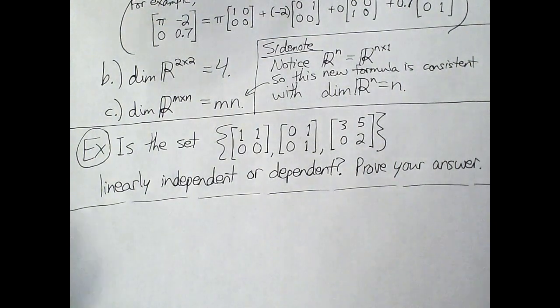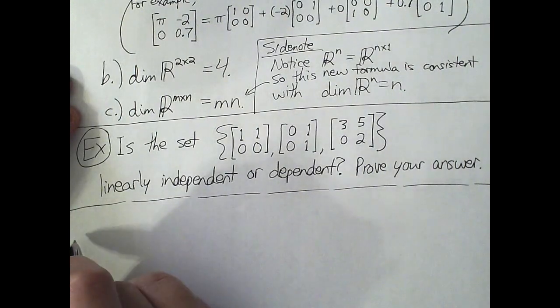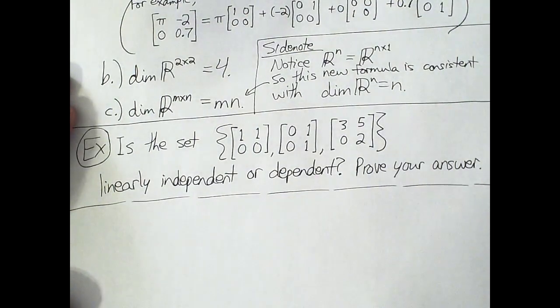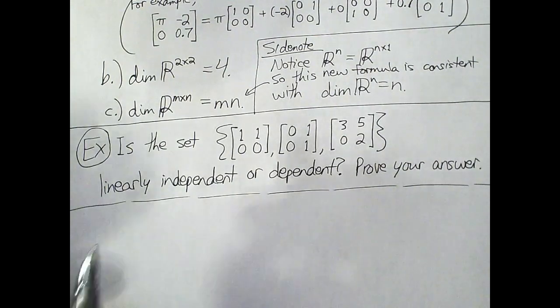All right, so what I was hoping you would notice is, first, how do we approach this problem? How do you usually approach questions of whether a set is linearly independent or not? Maybe go back and think about a question a few weeks ago where I gave you a set of vectors and asked you, are they linearly independent?